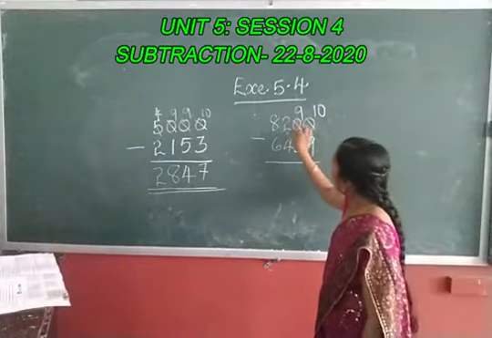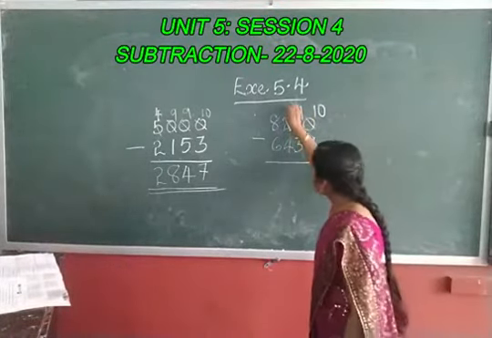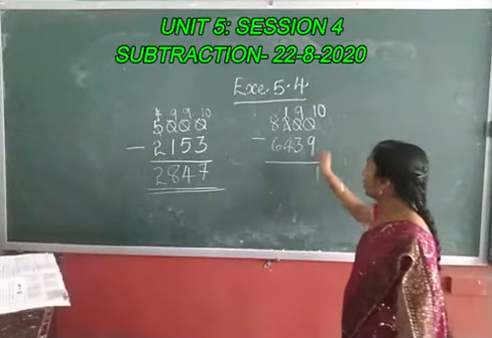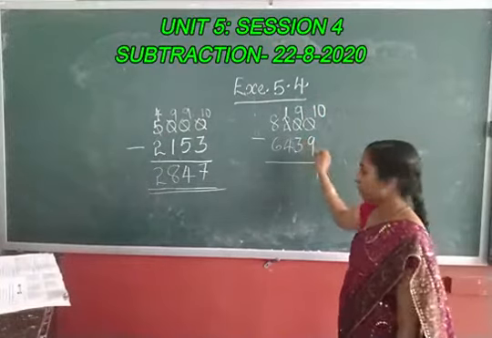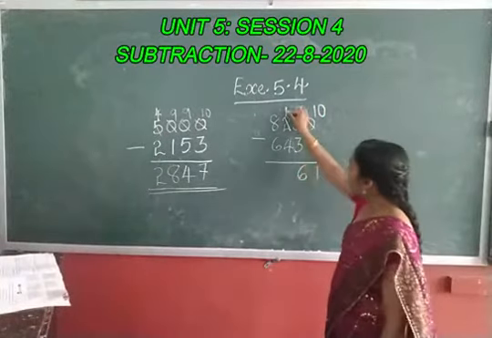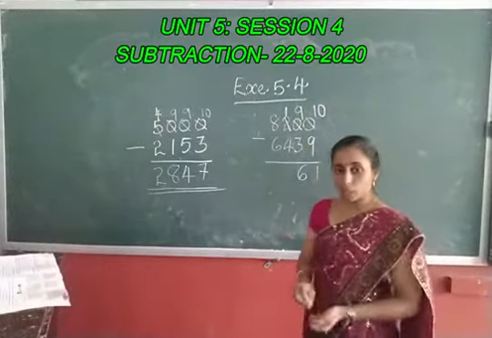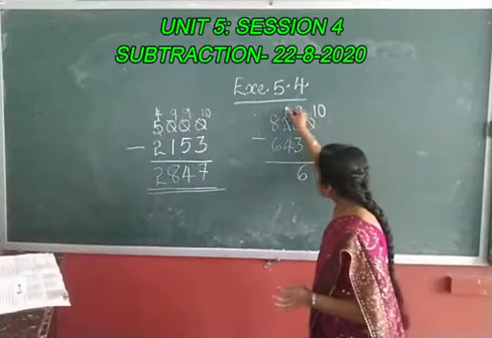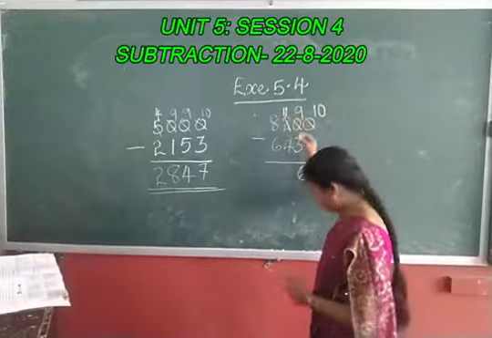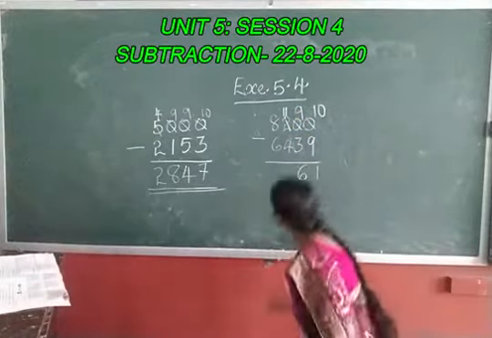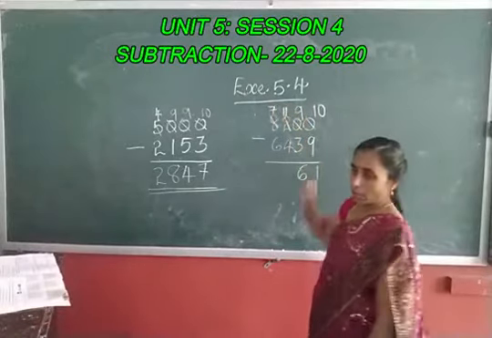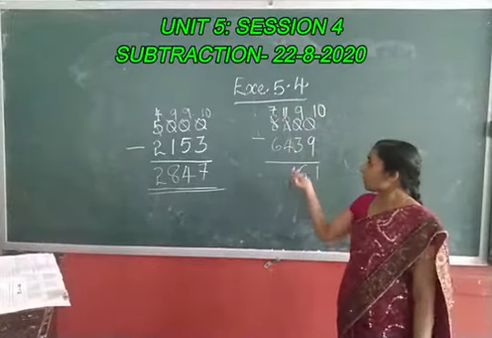And here exchange into 1. 10 minus 9, 1. 9 minus 3, 6. 1 minus 4. Can you do it? No, we cannot do 1 minus 4. Here 11. Here it is 4.